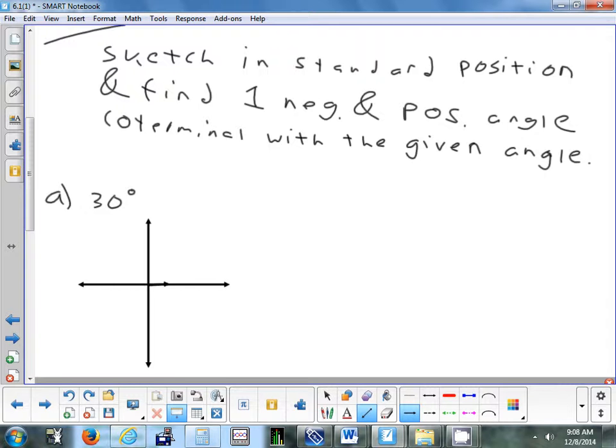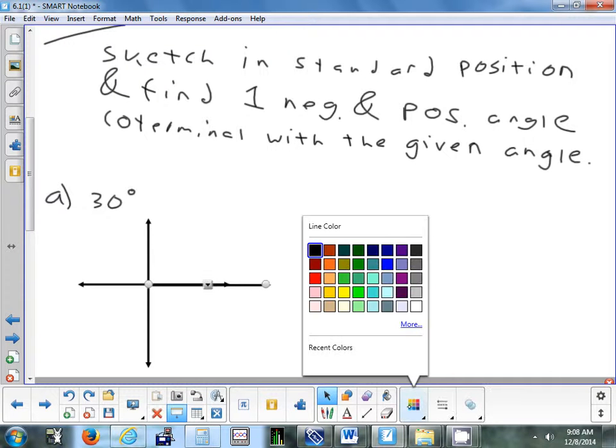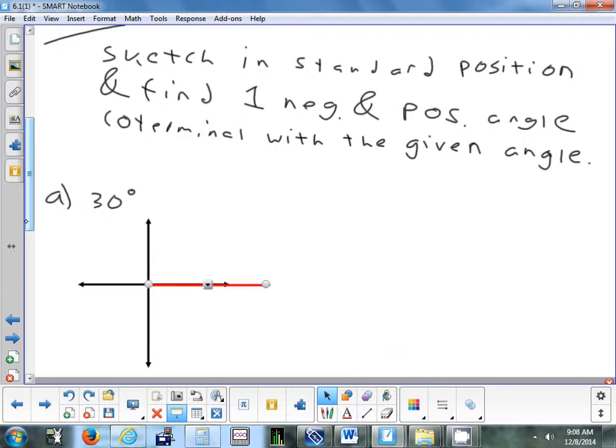So let's sketch. Let's make that a different color. There's my initial side. I'm just going to start that on the positive x-axis. Why did I put the initial side there? There are many ways you could draw a 30-degree angle, but it said standard position, so I have to put it there.